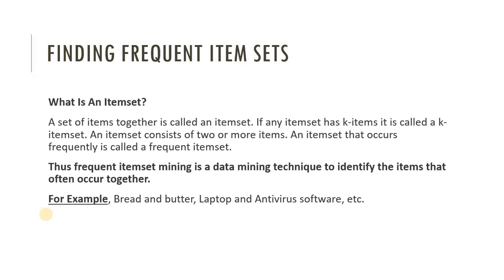Suppose we are at a mall and our basket contains many products. Those products combined together are called the item set, because in that basket many products are available.